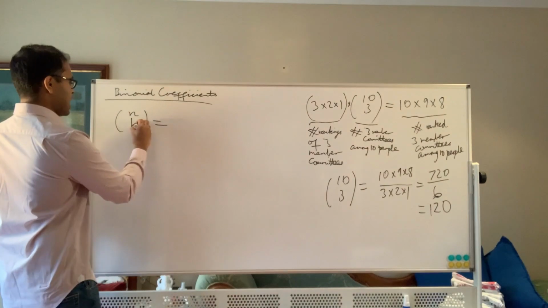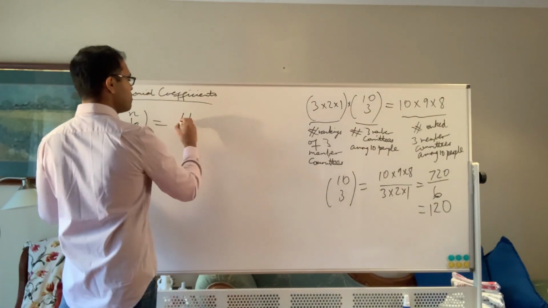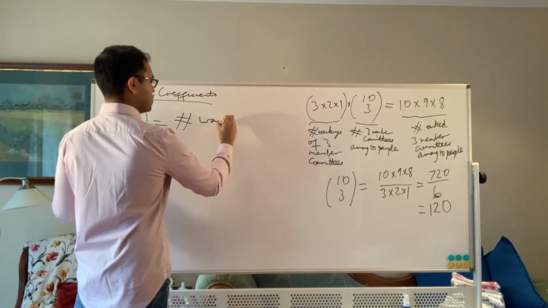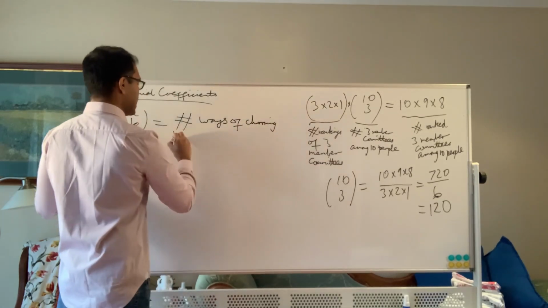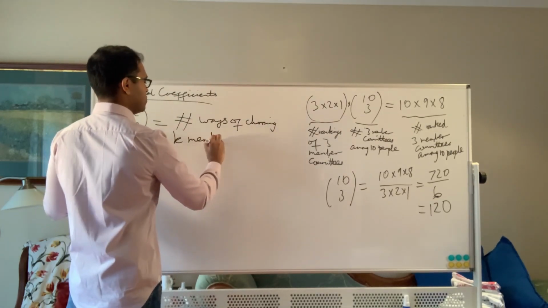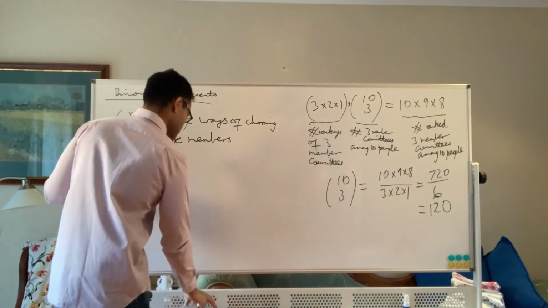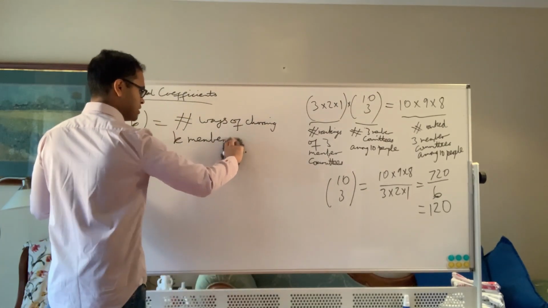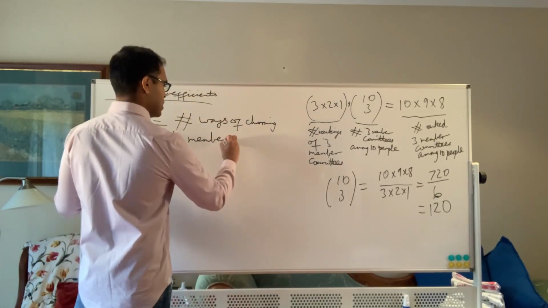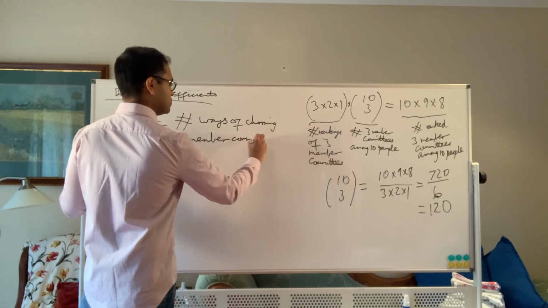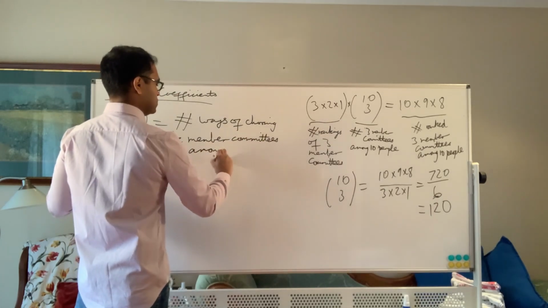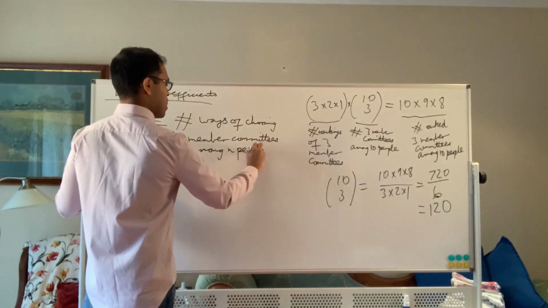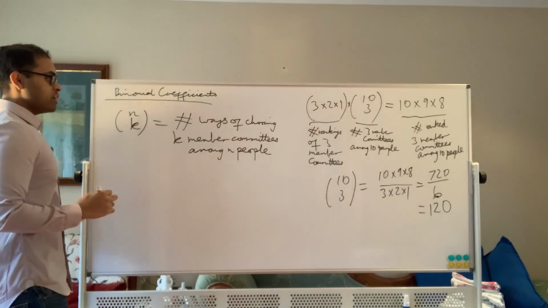So n choose k is going to be the number of ways of choosing k-member committees among n people. Okay, k-member committees among n people. So I'm going to write this as k-member committees among n people. Okay, so that's going to be n choose k.